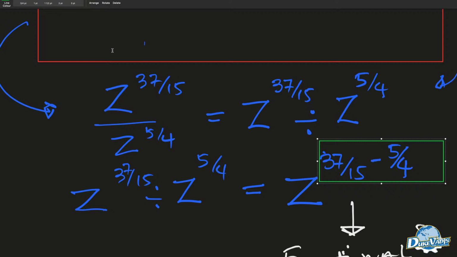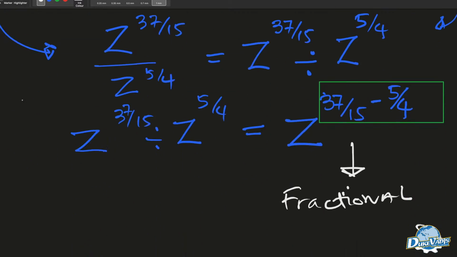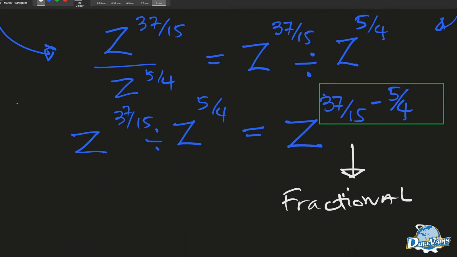So let's break it down. Okay, so we have 37 over 15 minus 5 over 4.